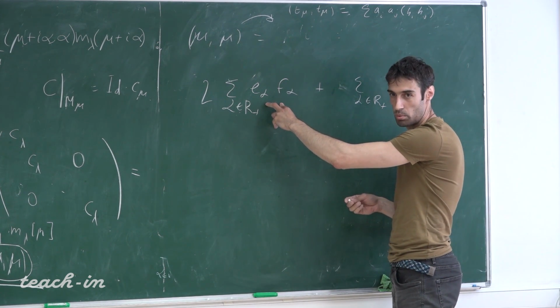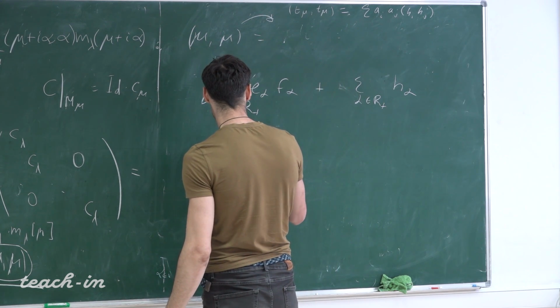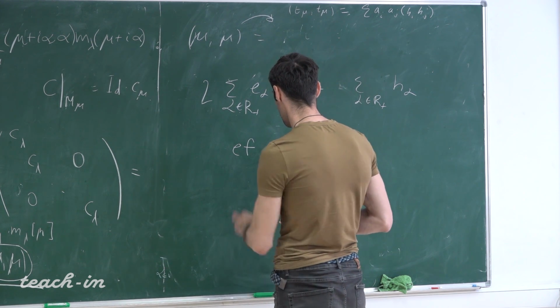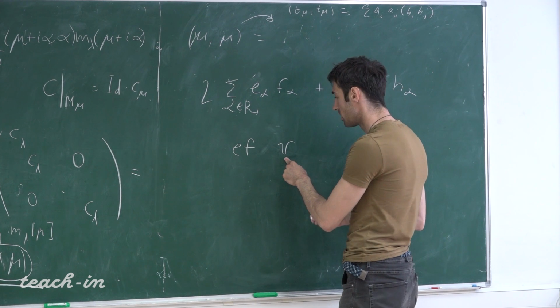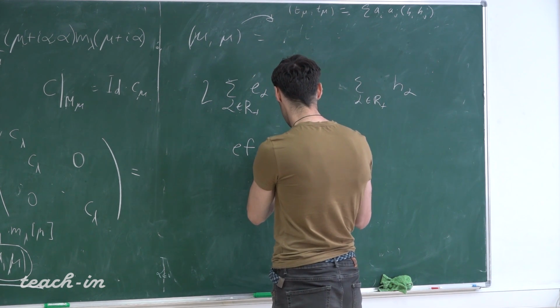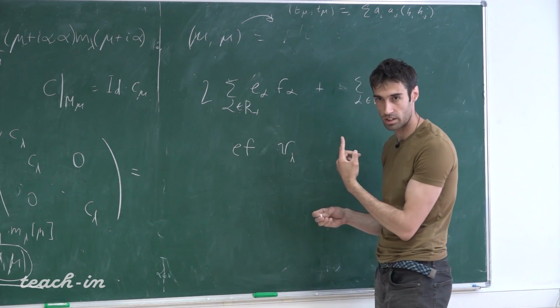Okay. Why? Because I know how EF acts on a representation on vector V. So let me take V lambda, or this is, so the whole idea is the following.